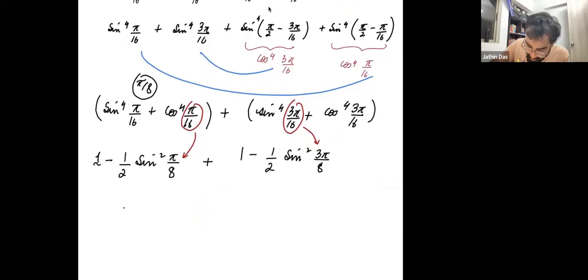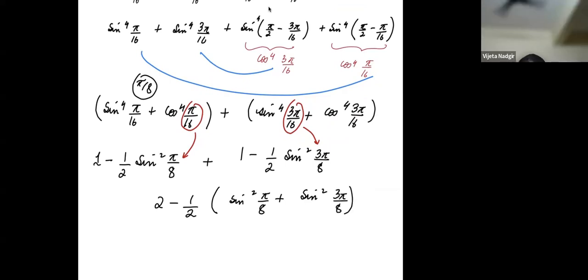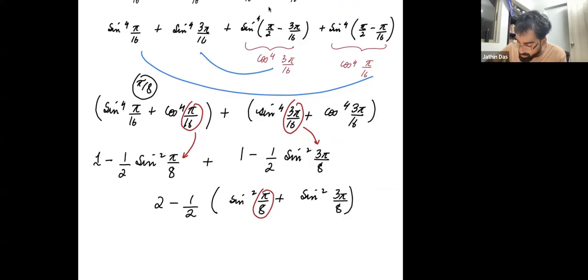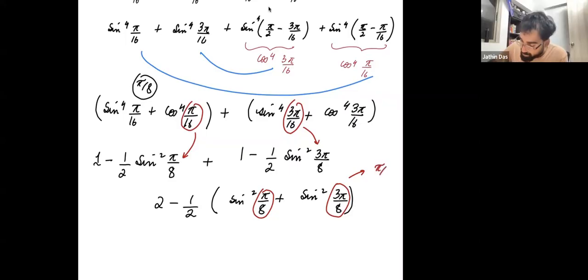Okay, now 1 plus 1 is 2. So I'll write 2. Half can I take common? I'll take common sin square pi by 8 plus sin square 3 pi by 8. Now genuinely look, what is the sum of this? Pi by 2. So that means this will become cos square pi by 8.